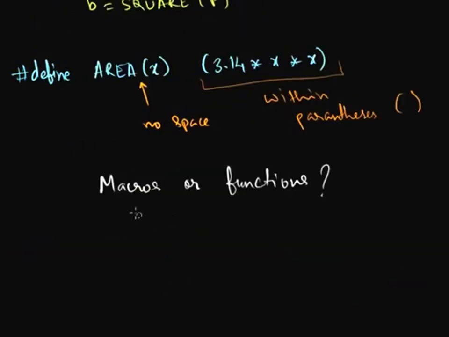Okay, so the question is, should we use macros or should we use functions? Now a macro is replaced with the code associated with that macro, whereas with a function the control jumps to that function.